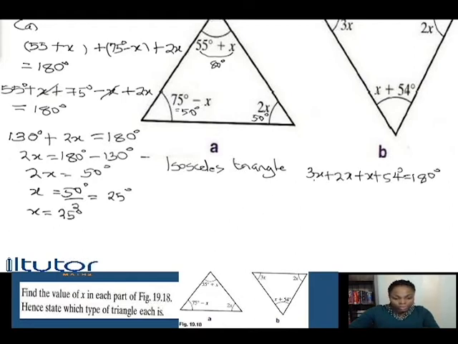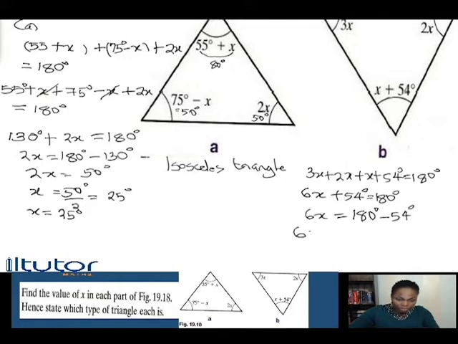So that we have 3x plus 2x will give you 5x plus another x, that will be 6x. 6x plus 54 degrees equals 180 degrees. So you have 6x, subtracting 54 from both sides, we have 180 degrees minus 54 degrees.